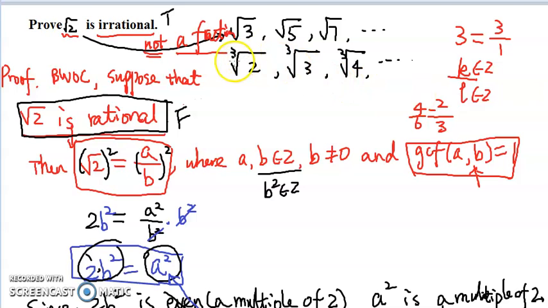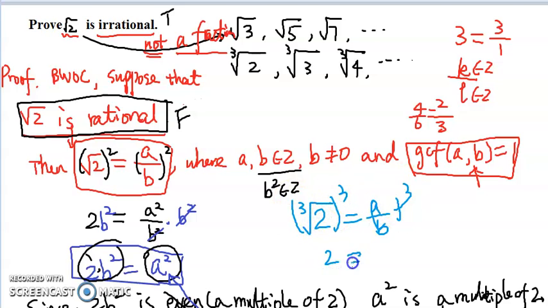And if you have cube root of 2, you're going to have to take the third power, cube both sides. If you cube both sides, you're going to get 2 equals a cubed over b cubed on the left.